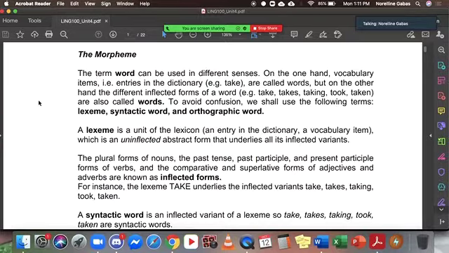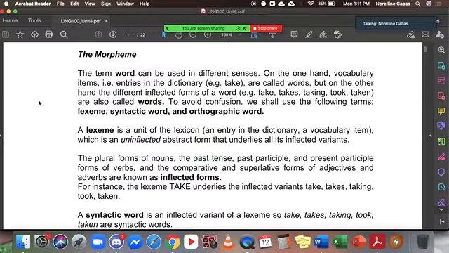So when we say lexemes, it's a unit of the lexicon or the dictionary or vocabulary item, which is usually an uninflected abstract form that underlies all that inflected variation. Inflected, yun ay mga may changes because of relationship with the singularity or plurality of the subject, if it is past tense, if it is progressive tense, or if it is past participle.